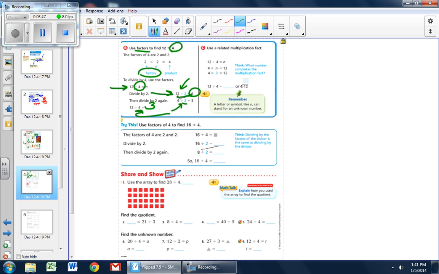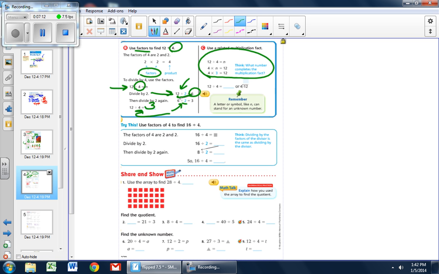And then the last strategy that they wanted us to look at today was using related multiplication facts, which is what we did in the last lesson, 7.4. What number completes your multiplication facts? If you're still struggling to remember all those multiplication facts, you really need to put in some time and memorize them, because it's going to make your division much easier, just like your addition made your subtraction much easier. Okay?